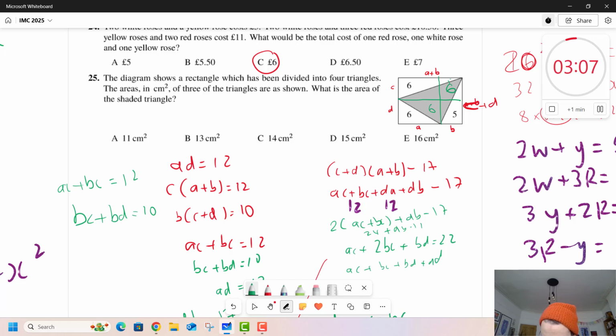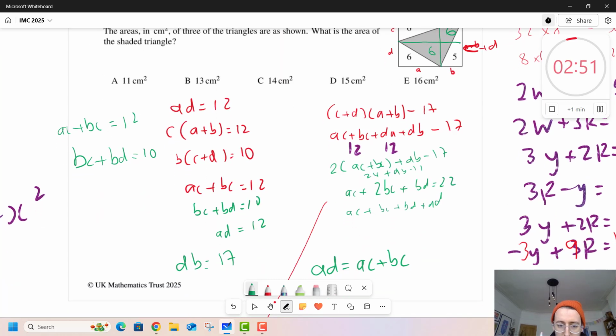Hold on. BD has to be 2 less than AC. BD is AC minus 2. Does that help me? I don't know.